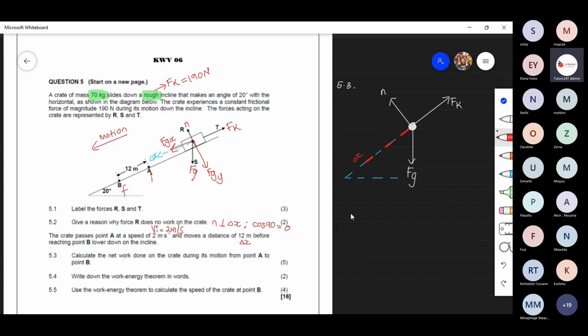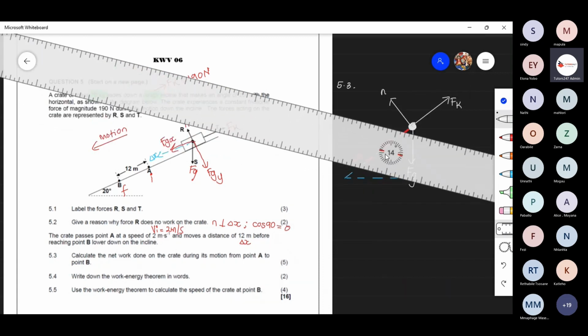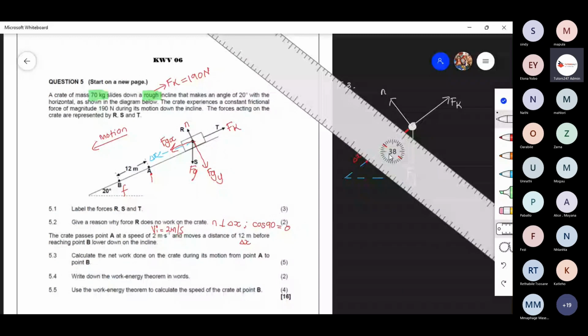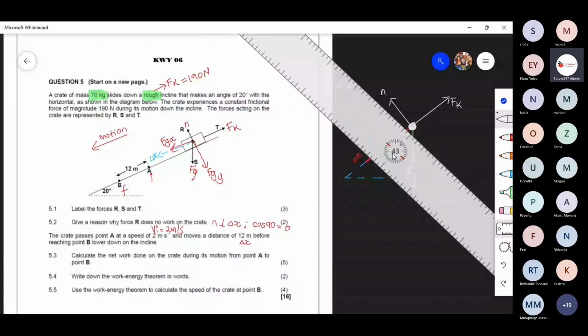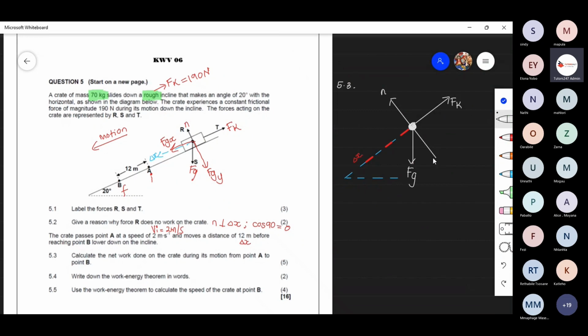Now, let us now include our Fg parallel and Fg perpendicular. So Fg perpendicular is going to act along the same plane as normal force, but in the opposite direction. So you can place your ruler along your force vector and have it act straight down within that plane.